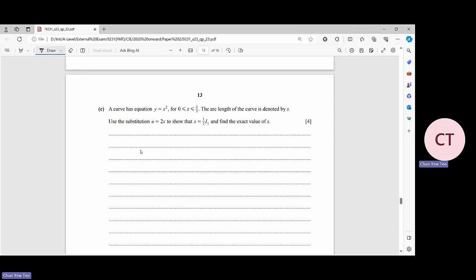First of all, y equals x squared, we need to find dy/dx. dy/dx is 2x.